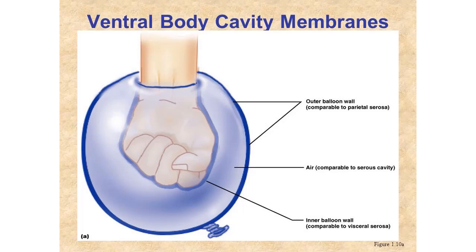Like an example which is presented here, like a balloon, and a fist of a hand is pushed into the balloon. The hand is not inside the balloon, it is invaginating the membrane.